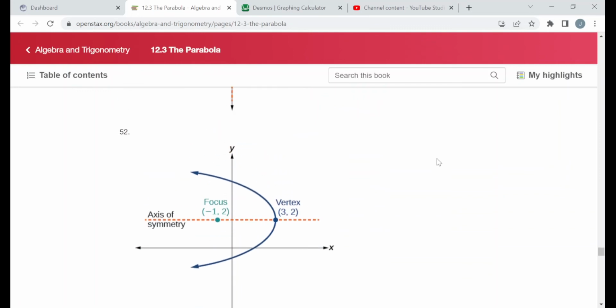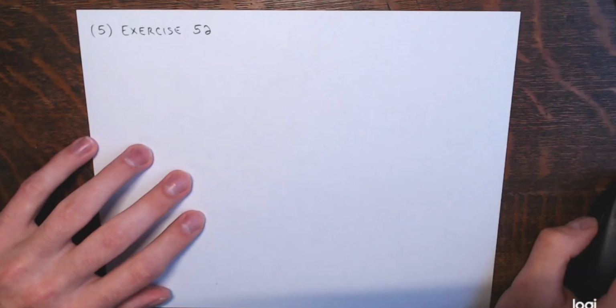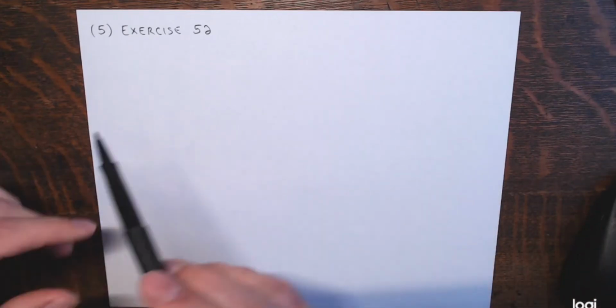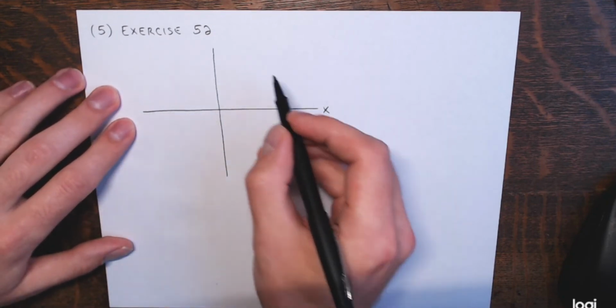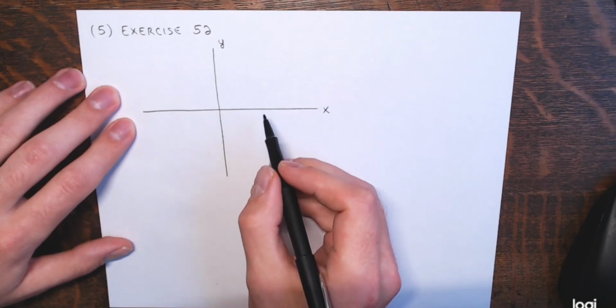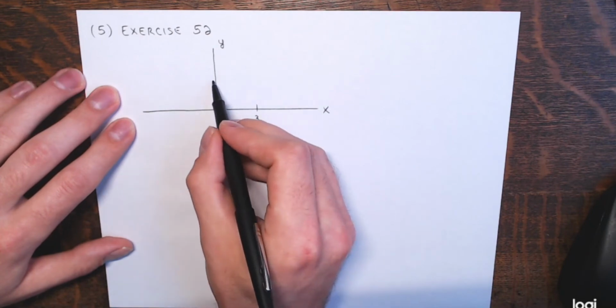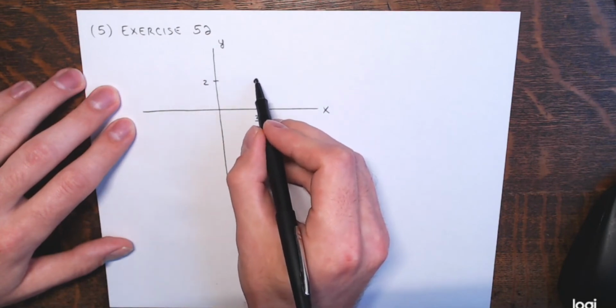So look at this. I'll draw a very rough picture of what they have here. They're giving us the vertex is at (3, 2). They're telling us that's the vertex.